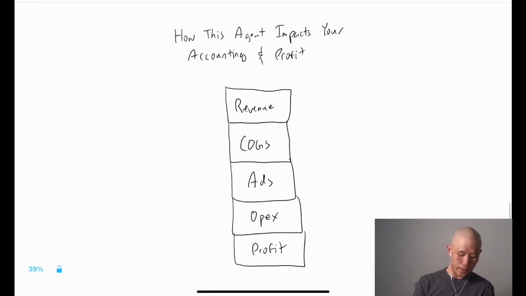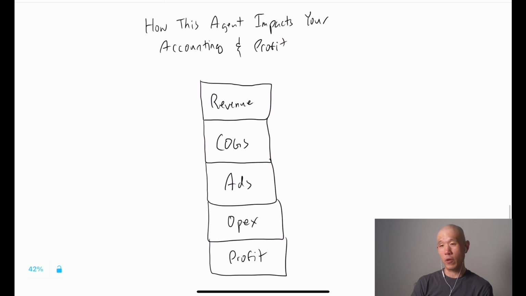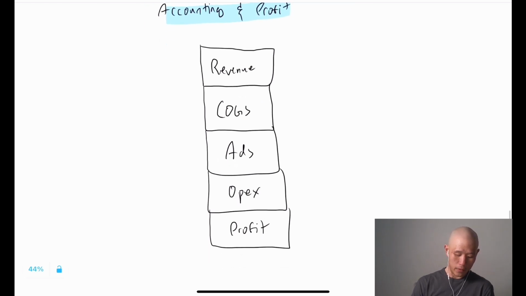Next way we can look at the impact on our business of this agent is to look at it from a simplified accounting perspective. And so the way we like to break down our numbers is into these categories of revenue, and then cost of goods comes out of that, ads comes out of that, operational expenses comes out of that, and then what you're left with is your profit.